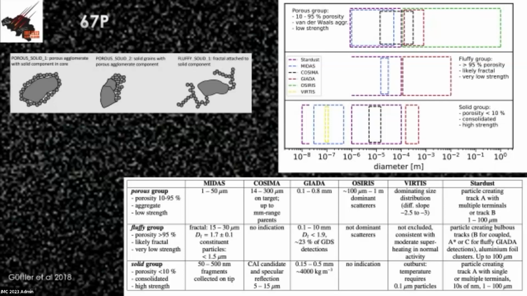And the other big bias that we have is reflected in the table and in the graph. It's the same data. It's that not all the instruments of Rosetta are taking measurements across the whole size spectrum.